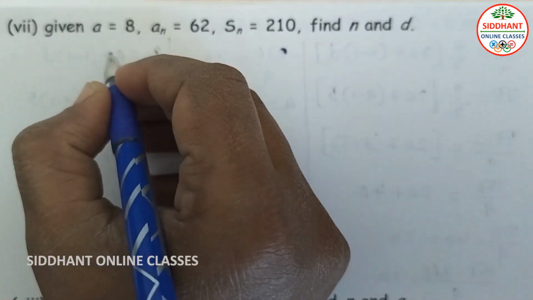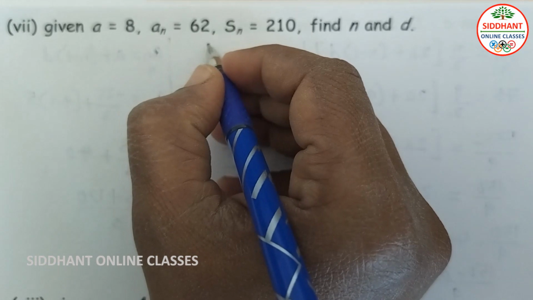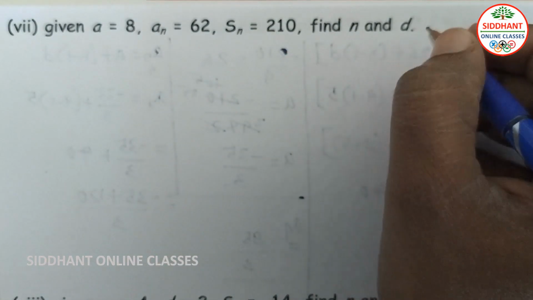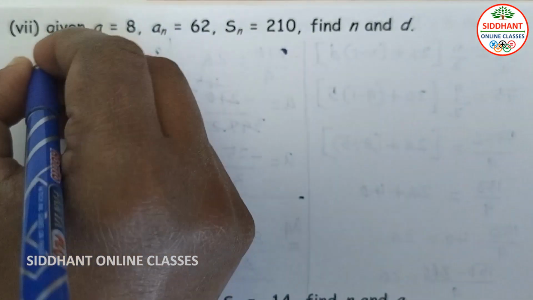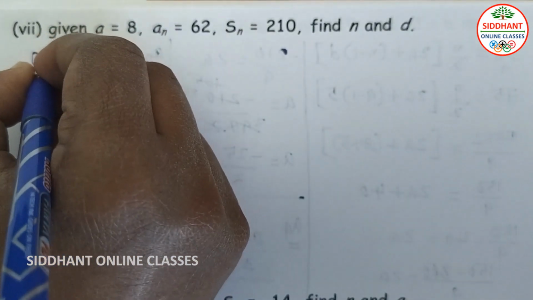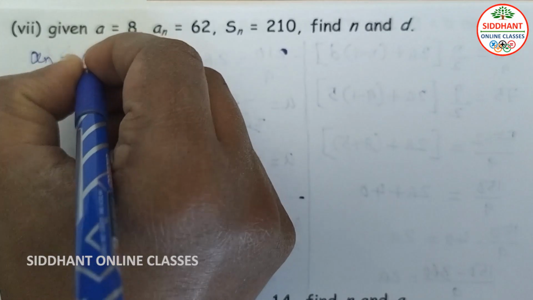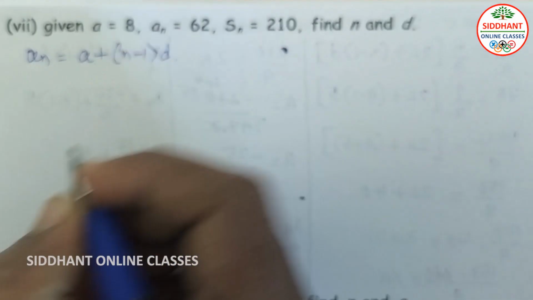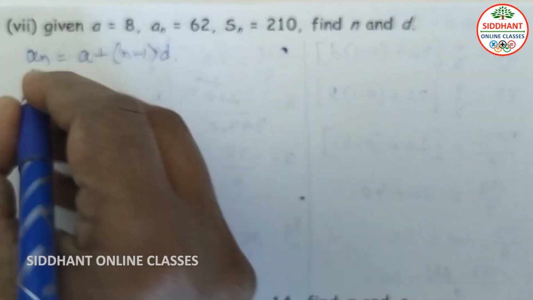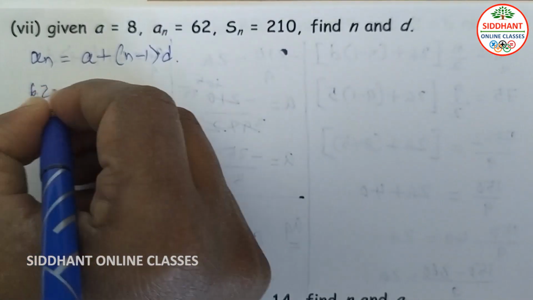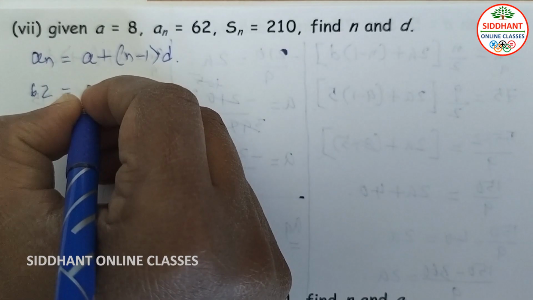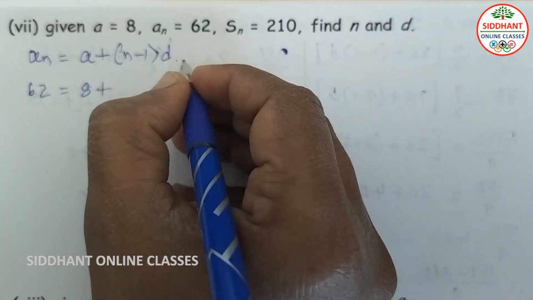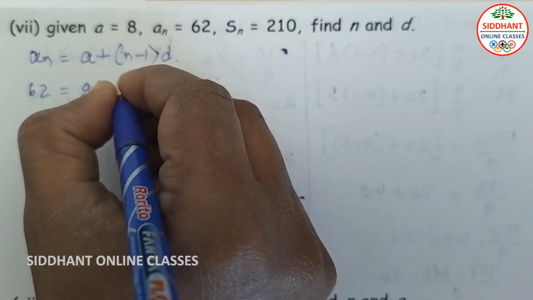Question number 7, given a equal to 8, an equal to 62, Sn equal to 210, find n and d value here. So we know an equals a plus n minus 1 d. So an is given which is 62, so 62 equals a which is 8, plus n minus 1 d, where n and d are not given, which we are going to find out.